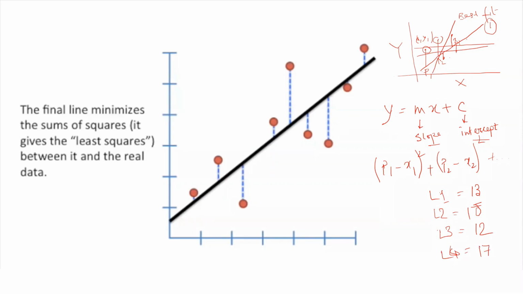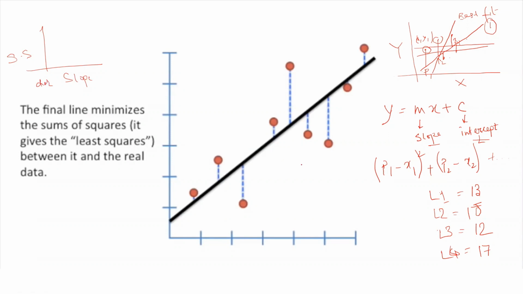Now, if you want to plot these points over a graph, you can create a graph where you have the sum of squared value on one axis, and the slope on the other.